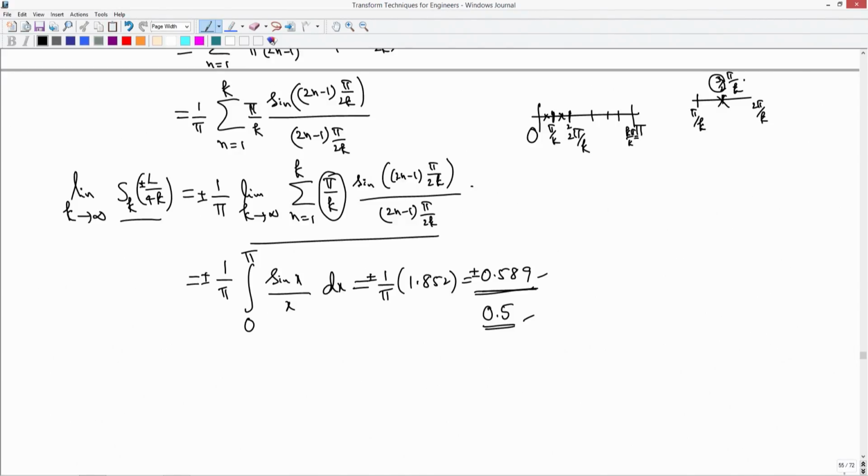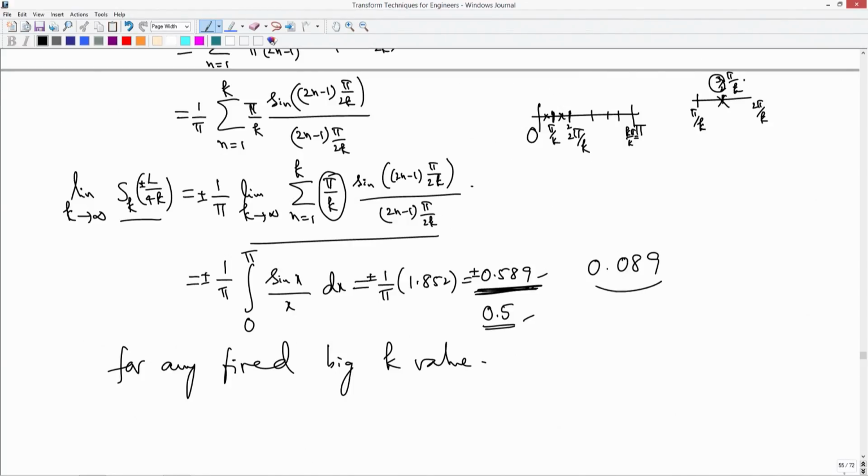As you take bigger and bigger values of k, the partial sums at those peaks, which you expect to converge to 0.5, actually converge to 0.589, whatever the fixed large k value may be. That means 0.089 is the error, which is approximately 9% error.